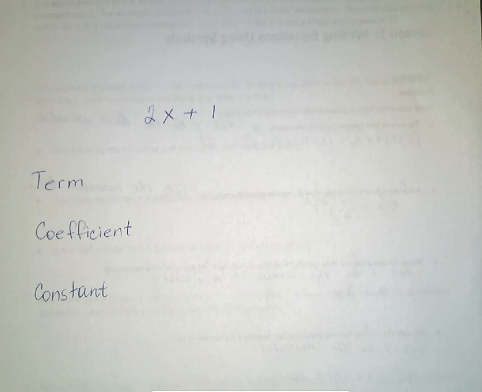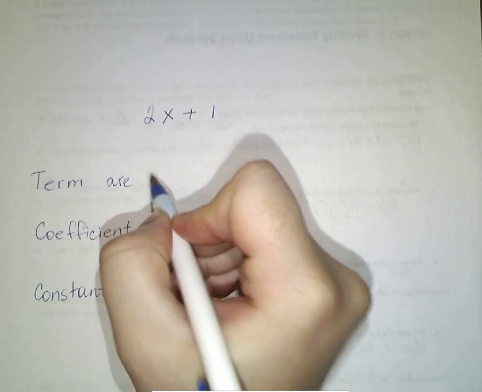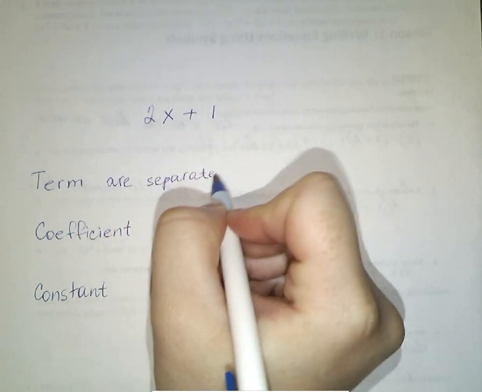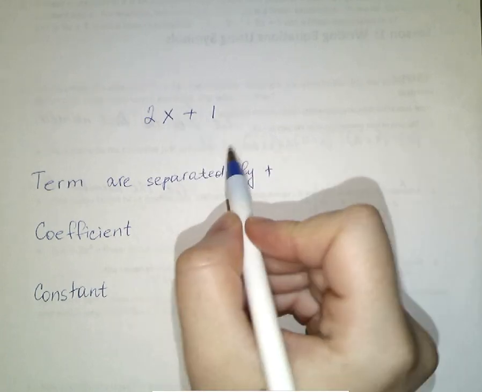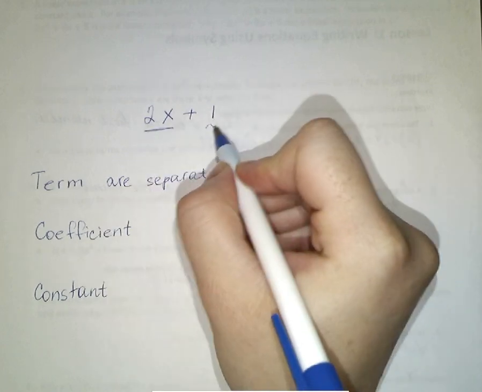A term is a number and a letter, or just a number, that is separated by the plus sign. So terms are separated by the plus sign. So this expression has two terms, 1 and 2.